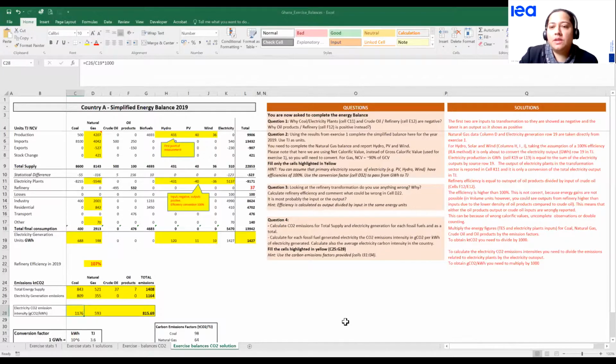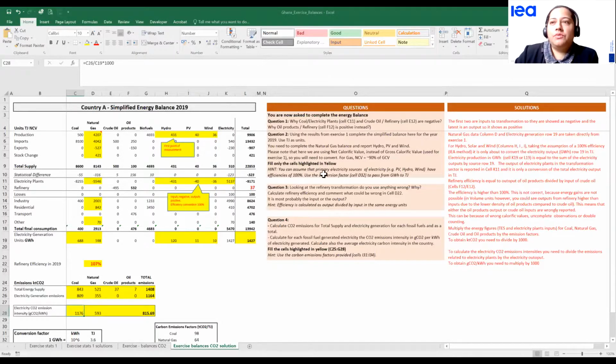So for the exercises on balances and CO2 emissions, I hope that you have been able to take a look at the exercise and try to answer them. The first question was, you are asked to fill out this energy balance, which was incomplete.